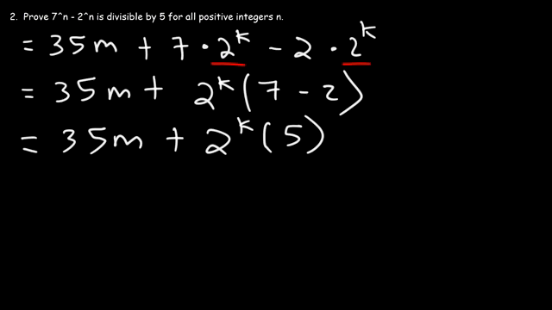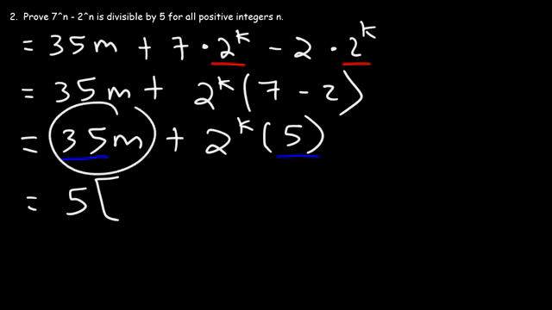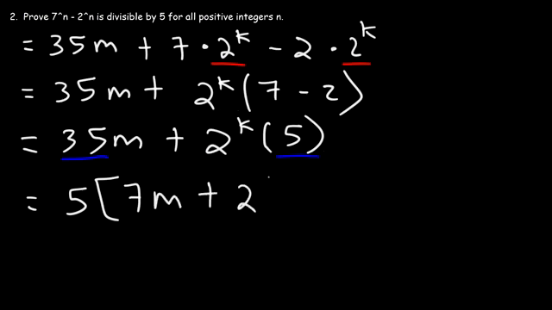What do you think we should do at this point? Remember, we want the original expression to equal 5L. So we need to factor out a 5 from those two numbers. If we take out 5, 35m divided by 5 is 7m. And this expression divided by 5, the 5's will cancel and we'll just get 2 raised to the k.